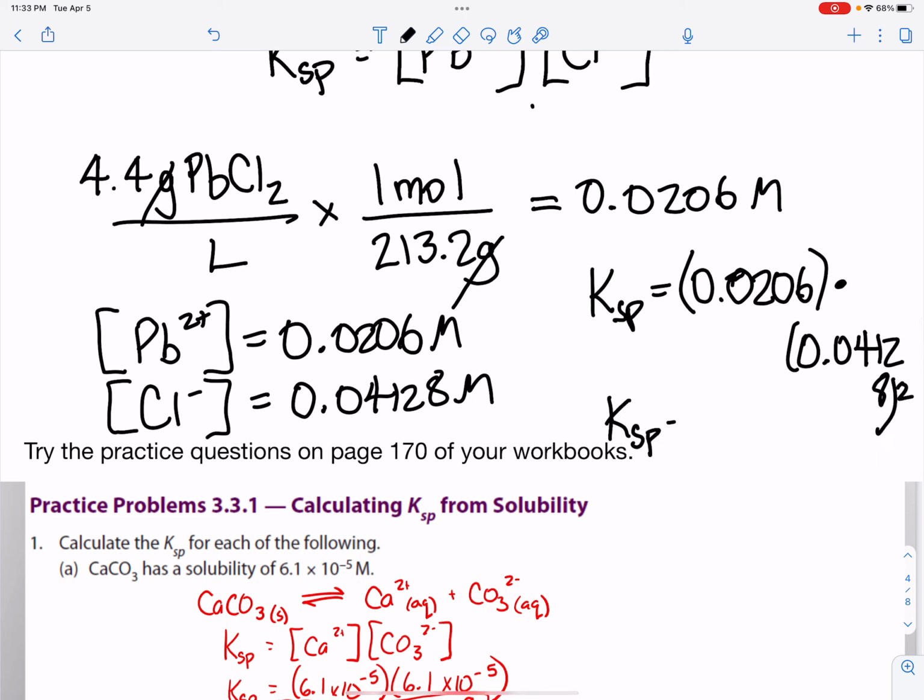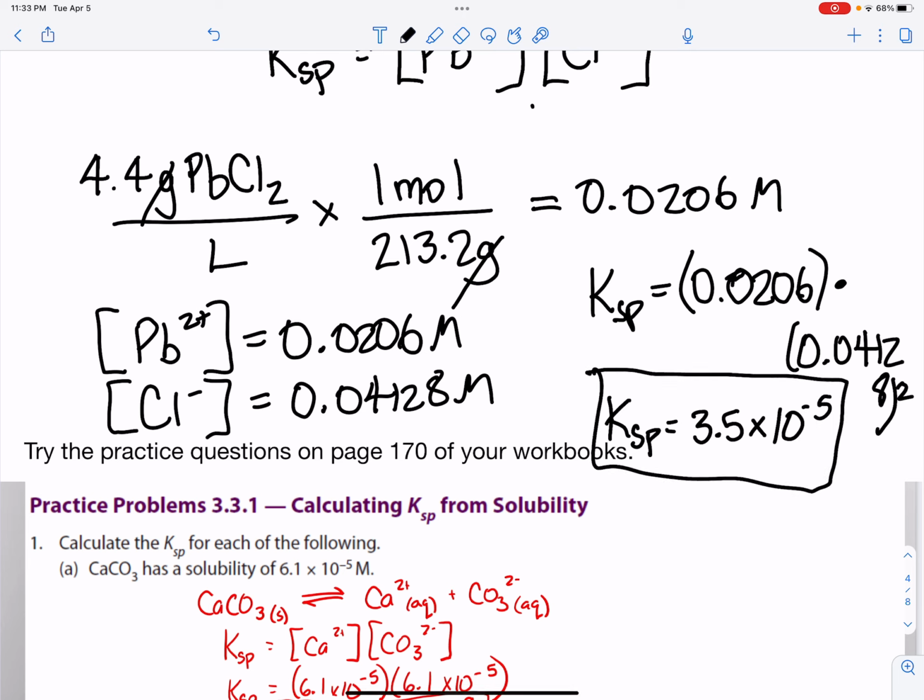Put that all into my calculator, and I get a KSP value of 3.5 times 10 to the negative 5. So a slightly more complicated question there, but still definitely doable. Remember, this is just like our equilibrium constants, only this time we had to remember to double the number of ions because of that 2-to-1 ratio.